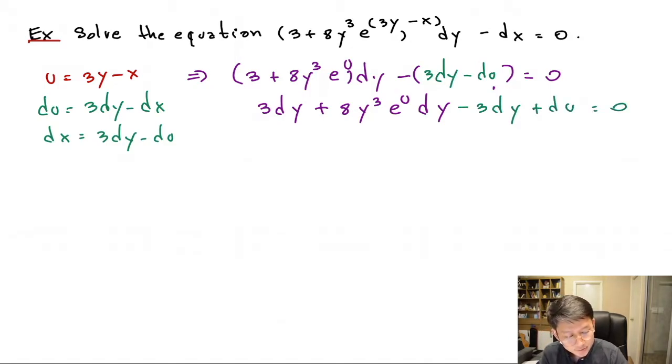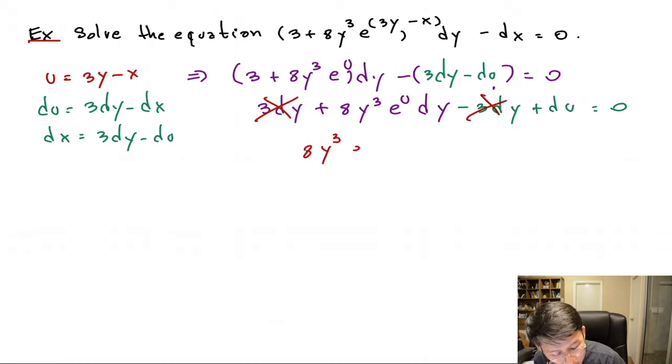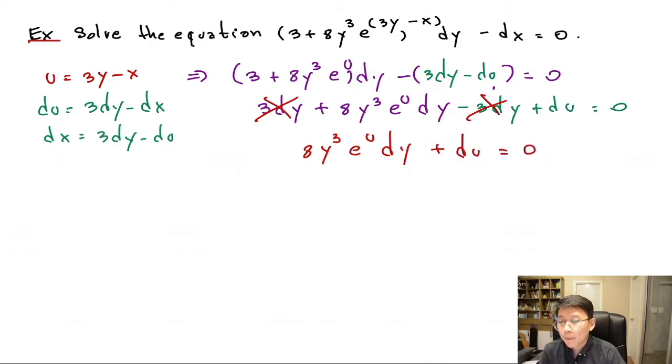And guys, this got cancelled out. So we have 8y cubed e to the u dy plus du equals 0. And then you see, is it separable? Why?